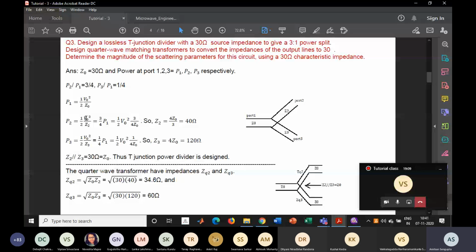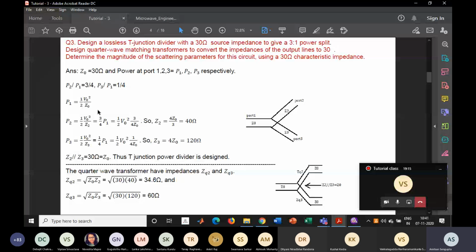Now putting the value of P1 from this previous equation, we will find the value of Z2, and it will come out as 4Z0 by 3. That is 40 ohm. That means the characteristic impedance of port 2 is 40 ohm.